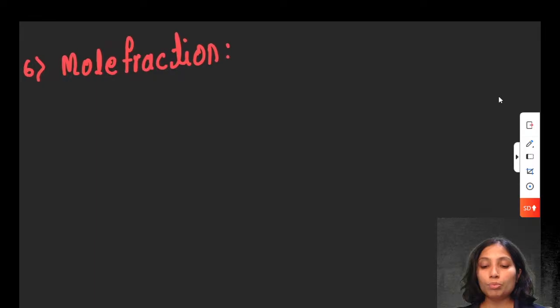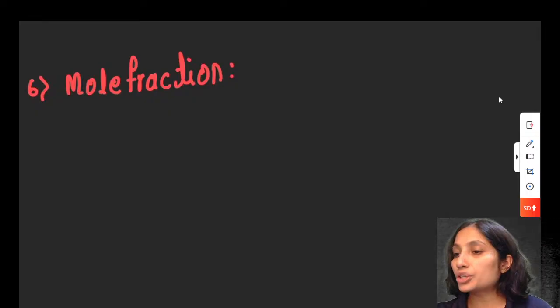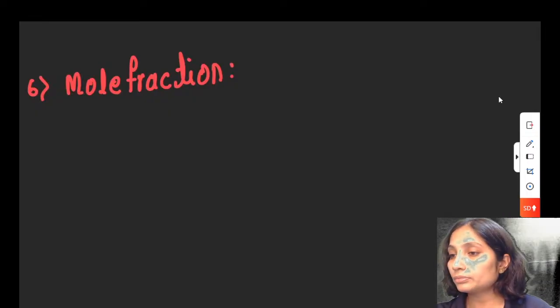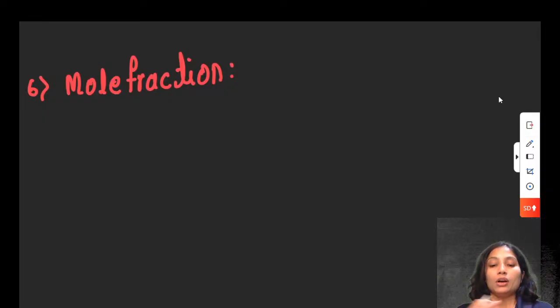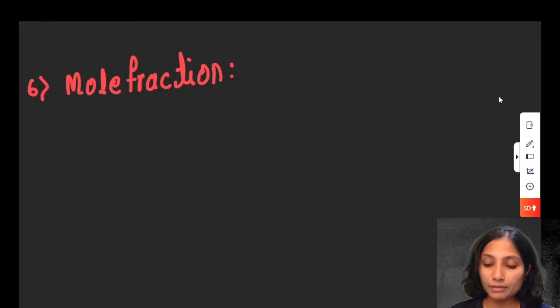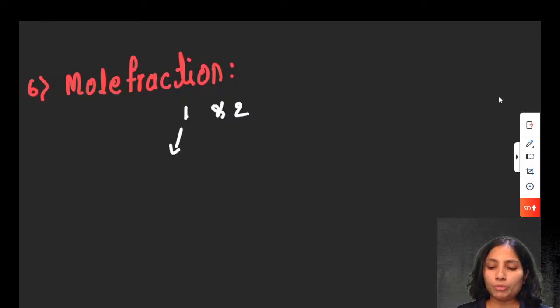And the next thing is mole fraction. As the name indicates, it is the fraction of moles. If I am mixing two substances, imagine I am mixing 1 and 2, two different components are there. We can calculate the number of moles of the first component as well as the number of moles of the second component.